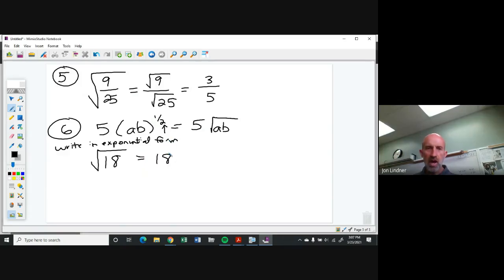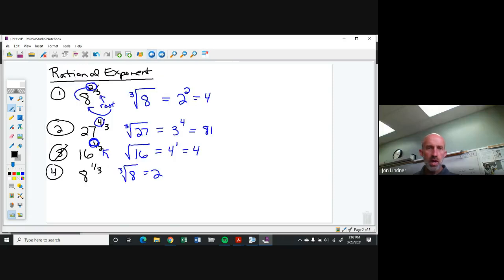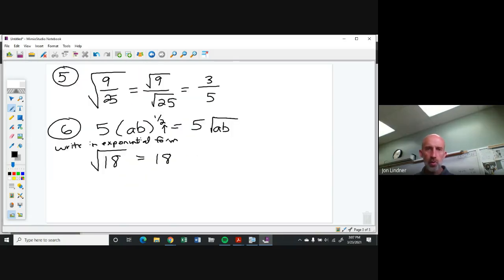So we're going backwards. Over here, these on the left are in exponential form. So we're going from a radical form back to an exponential form. So this would be 18 to the 1/2 power, since this is just a square root.